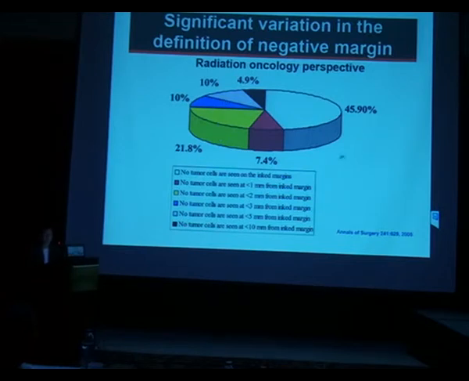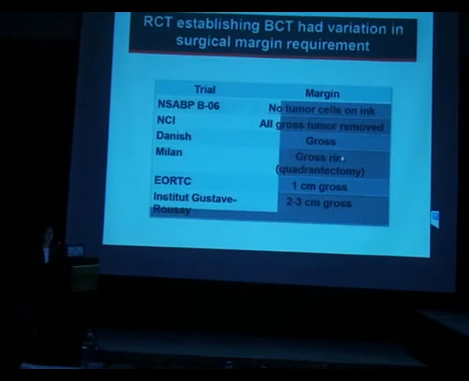So there is no agreement in the literature. And when you look at the different trials, different groups define it differently. In the NSABP trials, the definition is always no tumor cell on ink. So even if it is 0.01 millimeter from the ink margin, they would feel comfortable.